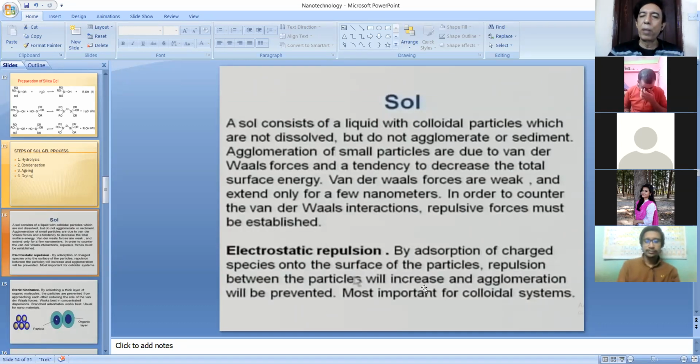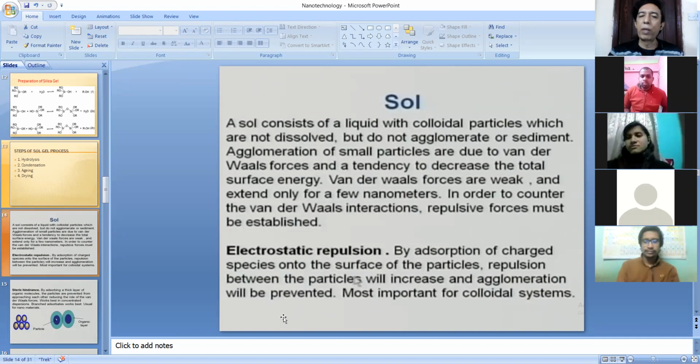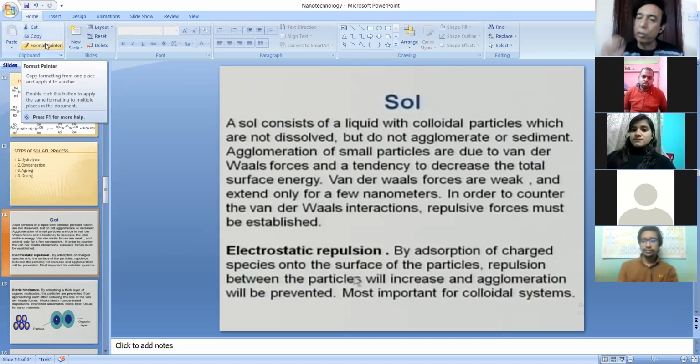Repulsion between the particles will increase and agglomeration will be prevented. This is most important for the colloidal system.